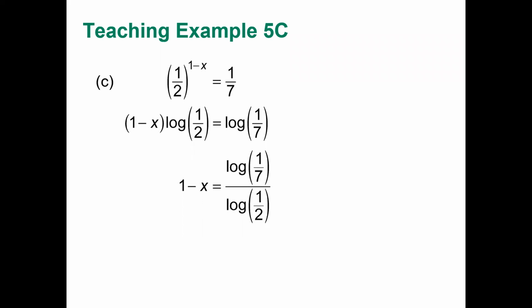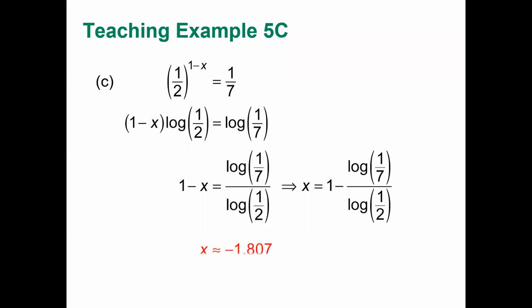Makes sense? Or multiply by -1 and then add 1. It's really up to you, but it's going to leave me here. So we have x equals 1 minus log of 1/7 divided by log of 1/2. That is the exact answer, right? To get my approximate answer, I put it in the calculator, and I'm going to get approximately -1.800,000.